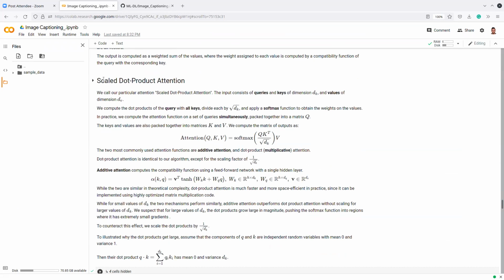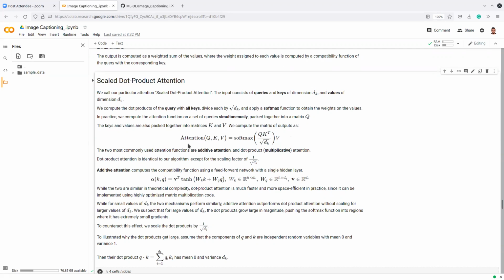The attention that we have is called the scaled dot product attention. How do we attend to different parts of the image? We multiply the query and the key matrices. The key matrix and the value matrices are the feature vector of the image from our encoder. So we multiply the query with the key to get weights, what parts of the feature vector we should attend to, and then we weight our values.